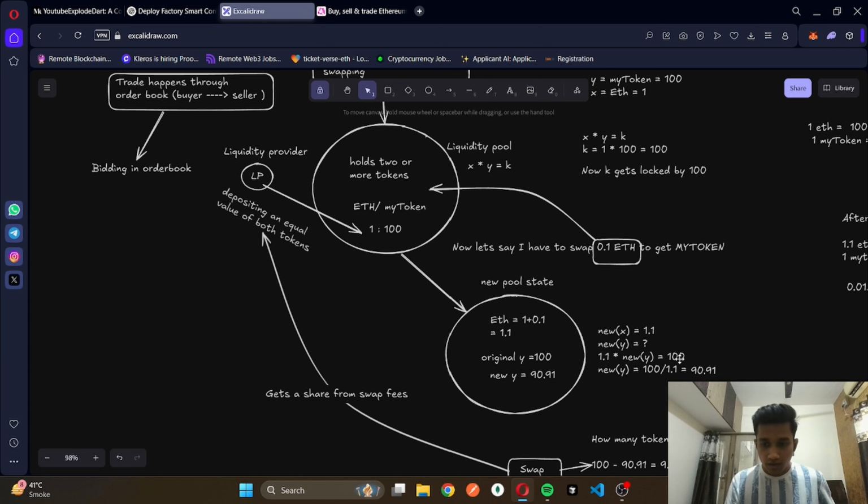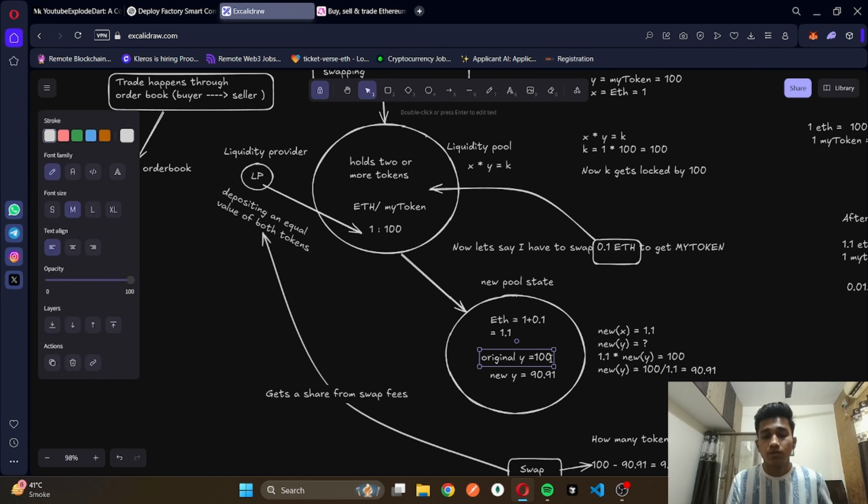So with the value of new x being 1.1, from here we got the value of new y. That's 90.9. That's new y over here. So now the pool holds 1.1 ETH and 90.91 my tokens.